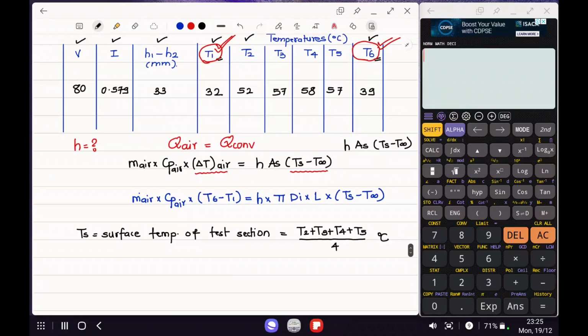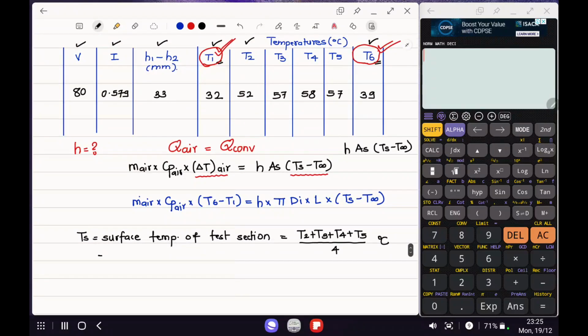Okay, so now because we have the values of temperature, we can obtain Ts as the average of 52, 57, 58 and 57. So this is 52, 57, 58 and 57 divided by 4.